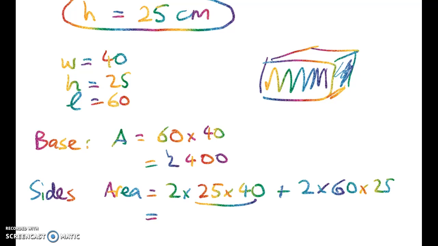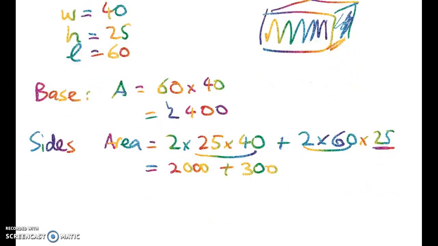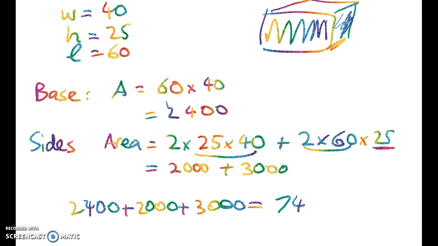So this works out to be 1,000, so this is 2,000, and this is 120 times 25, which gives me 3,000, not 300. So they add up to 2400 plus 2000 plus 3000, which gives me 7,400 centimetres squared. So that's what we wanted.